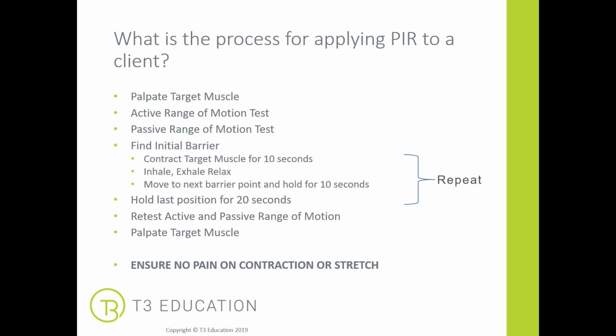Retest and palpate, and you should see a difference in that tissue as well as the range of motion, and results can sometimes be quite startling, especially to the client. It can be quite a visual increase in the range of motion. Again, reconfirming to their nervous system and their mind that we have made a difference. Ensure there's no pain or contraction. If there is pain when they kick down or resist, then this is an indication of injury and you should not perform the MET.